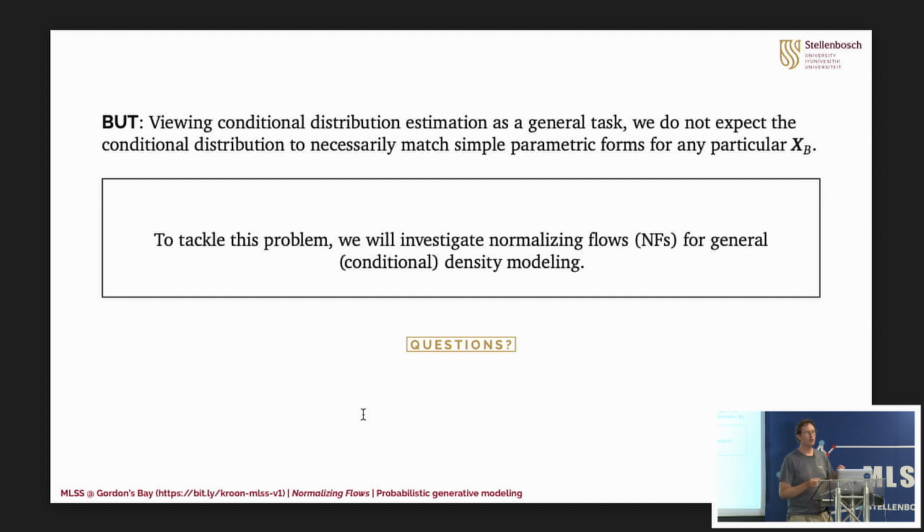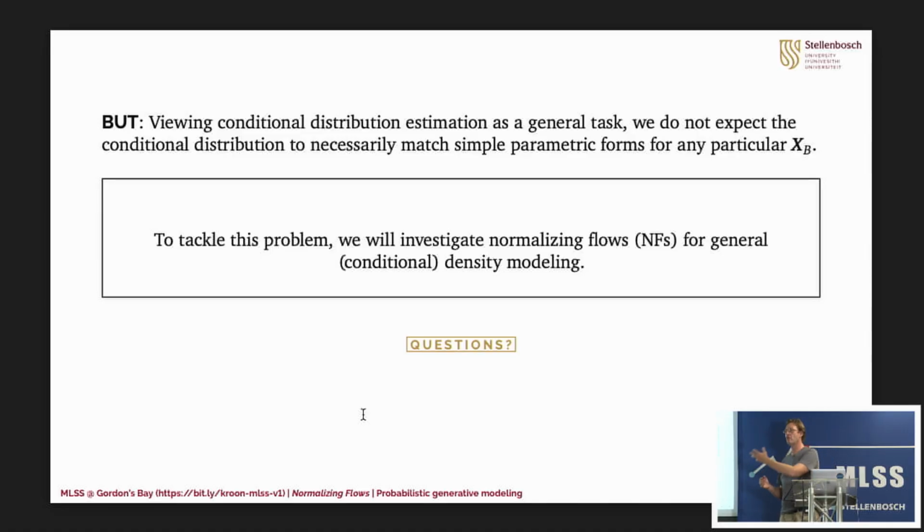If we view conditional distribution estimation as a general task, we don't expect the conditional distributions to necessarily fit simple parametric forms. So to tackle this problem, our aim is to investigate normalizing flows for general density modeling. I'm not going to talk much about the conditioning aspect, but you should bear in mind that in practice, it's very often there.